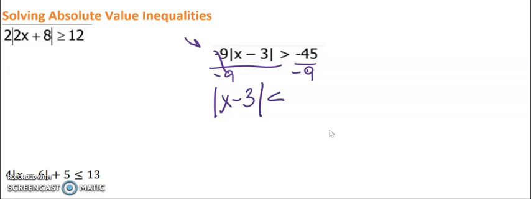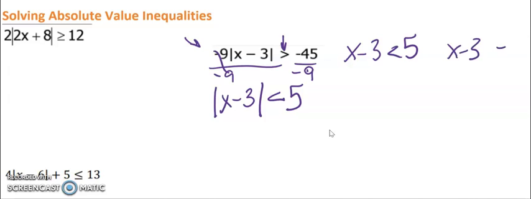Because I divided by a negative number, I have to flip the inequality, and that gives me a positive 5. Now I have to set it up just like it is, and then I have to set it up to the negative of 5 and flip the inequality. And then I'm just going to solve both problems.